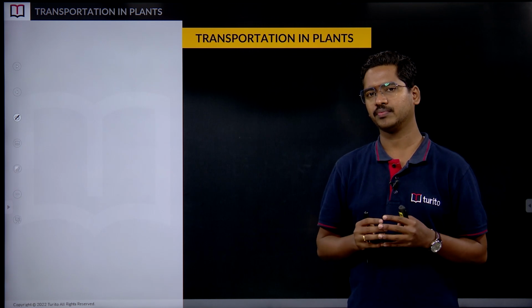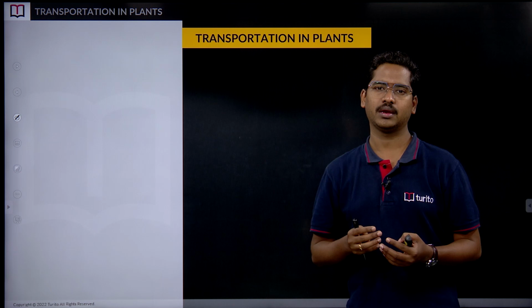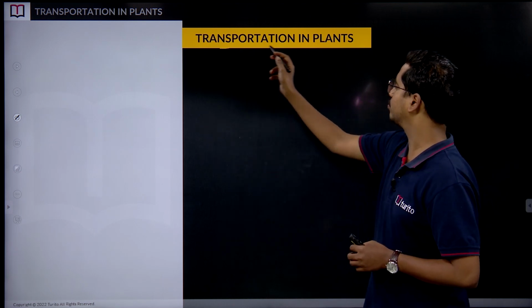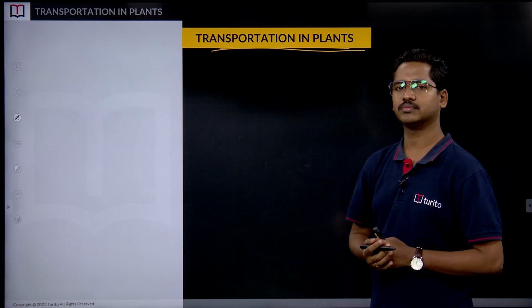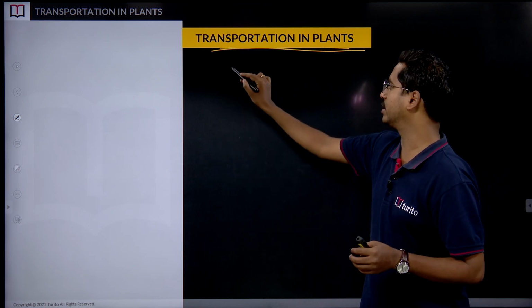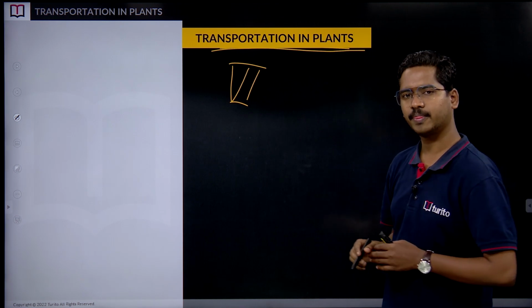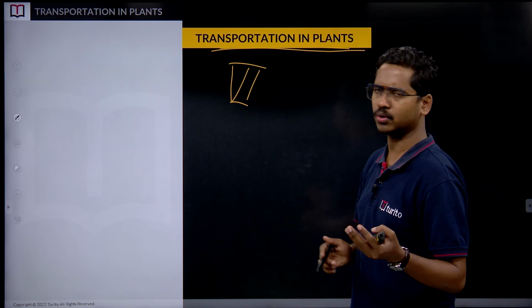So, how it occurs, or at least you can tell me when, which was the time when you first heard about this transportation of plants for the first time. If you remember, it should be in grade 6th, the first time, and then as time passed we started understanding them a bit more in 7th.